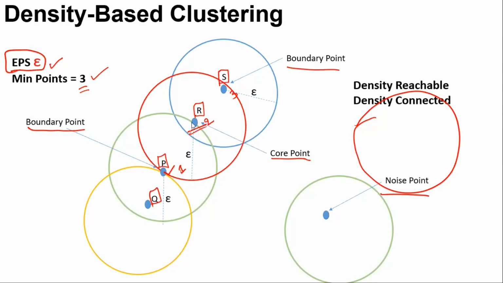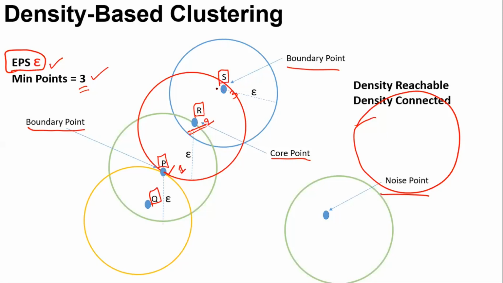So we call this point a core point. Whenever a point is a core point, if you draw the region with radius epsilon from it, you will find greater than or equal to the minimum number of points. Here we assumed the minimum is 3, and you find 3 points. That is the reason we call this point a core point. Is that clear?